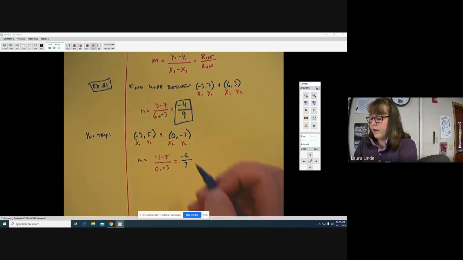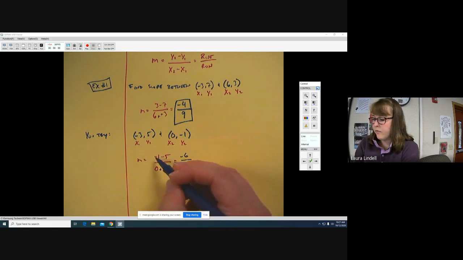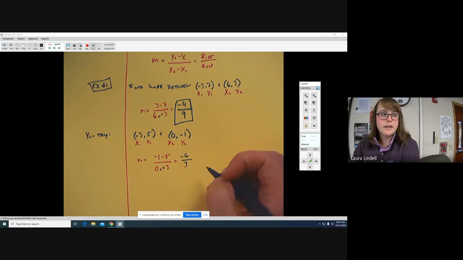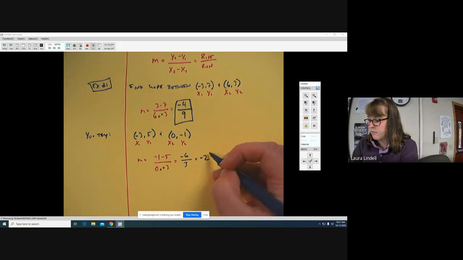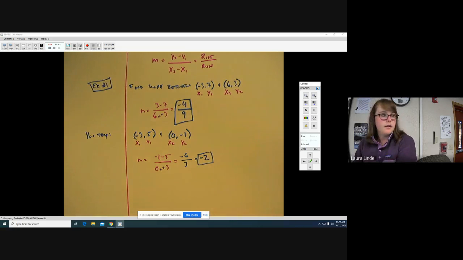And if you got -6 on top, -1 minus 5 is -6, and 3 on the bottom, 0 minus -3 is like 0 plus 3, then you're on the right track there. -6 divided by 3 is -2. That one does reduce to something nicer. So that's going to be the slope between those 2 points.